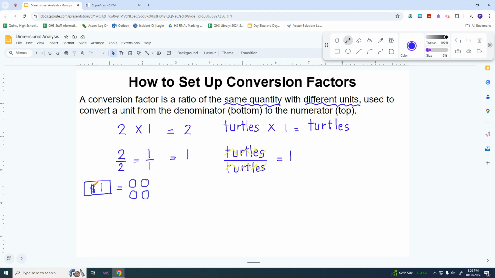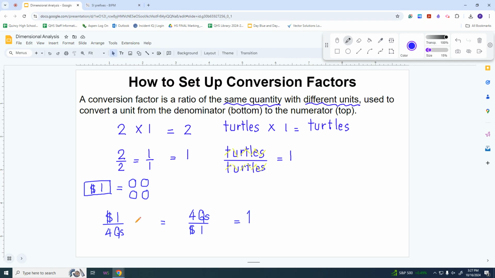So you have $1 over 4 quarters. They are equal. So if you flip it to be 4 quarters over $1, same quantity is going to equal 1.